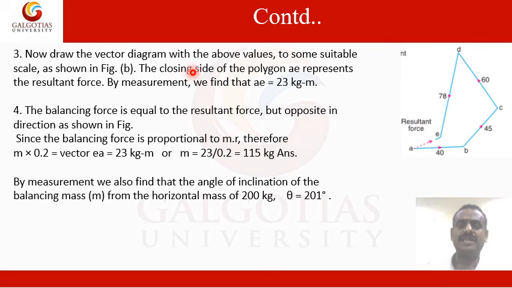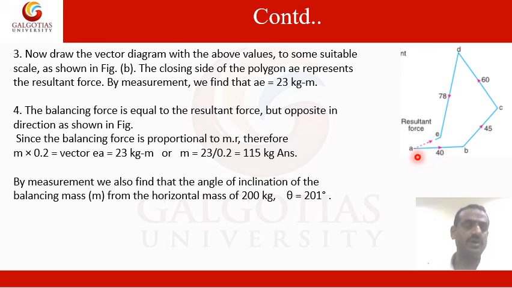After calculating the centrifugal forces of all masses, the vector diagram, that is the polygon diagram, is drawn. We draw vector AB, since we know the magnitude of the centrifugal force of mass 1, that is 40 kg meter.